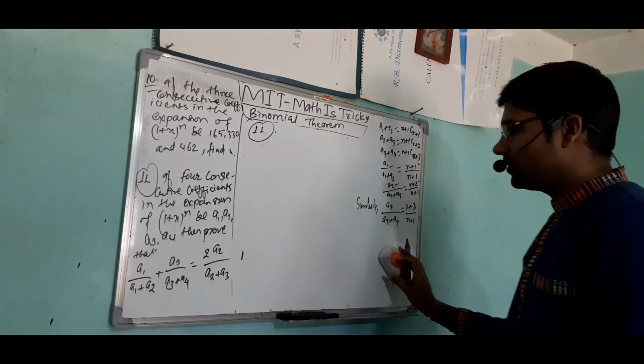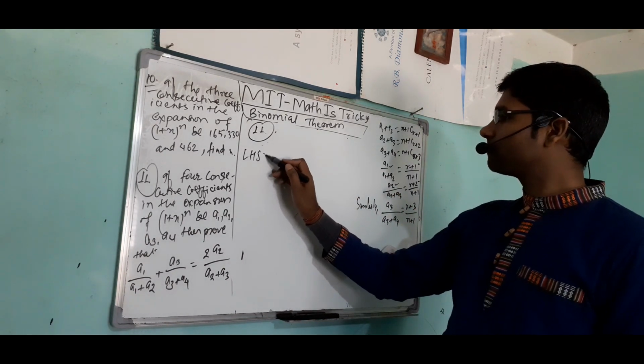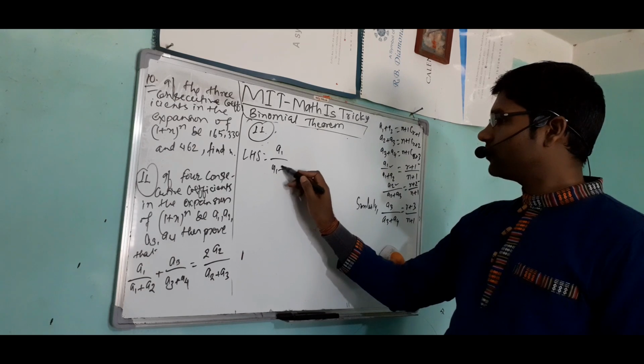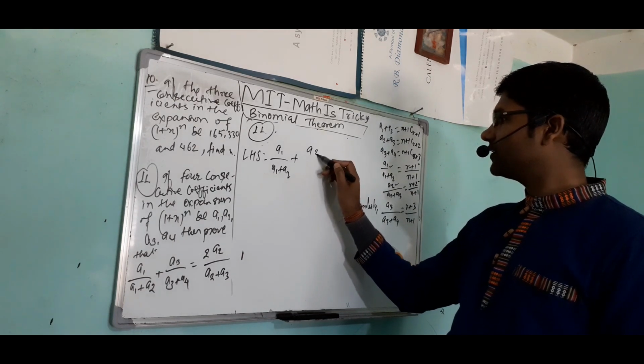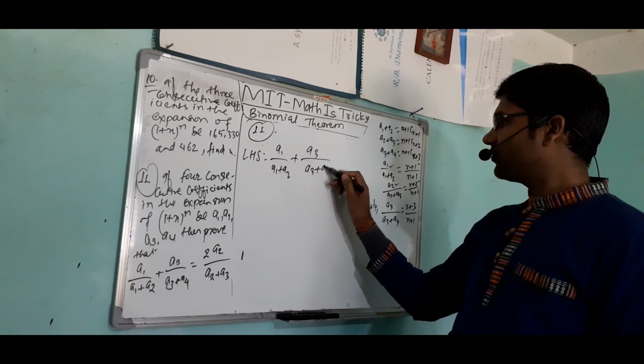Now we have the result, so let's see LHS: a1 by a1 plus a2 plus a3 by a3 plus a4.